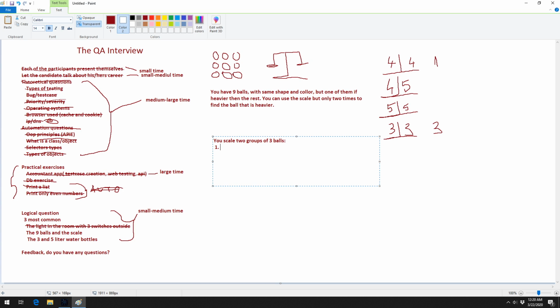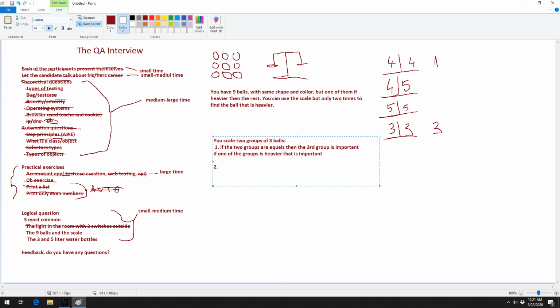Scenario number 1, if the 2 groups are equal, then the short group is important. I will write important. If one of the groups is heavier, that is important.